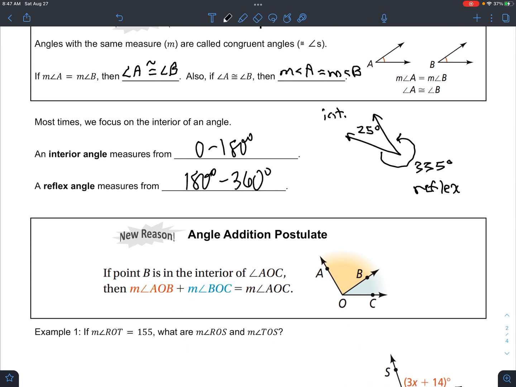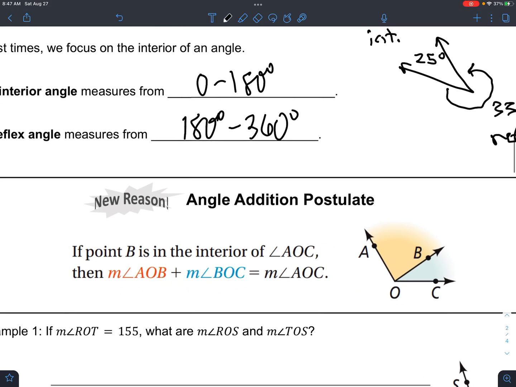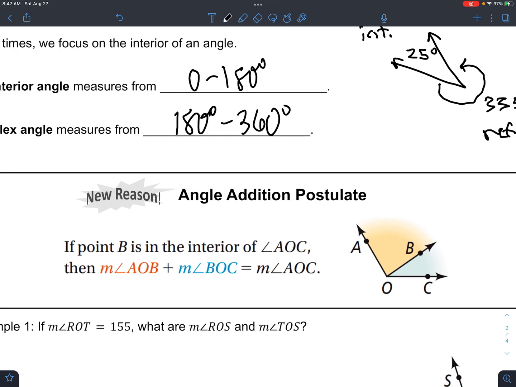Okay, so the follow-up to the segment addition postulate from the last section is the angle addition postulate. It's the exact same statement, but just for angles. So if B is in the interior of this wide obtuse angle here, it could be an acute angle, doesn't have to be obtuse.